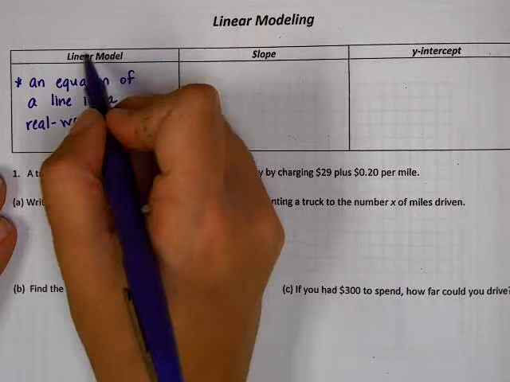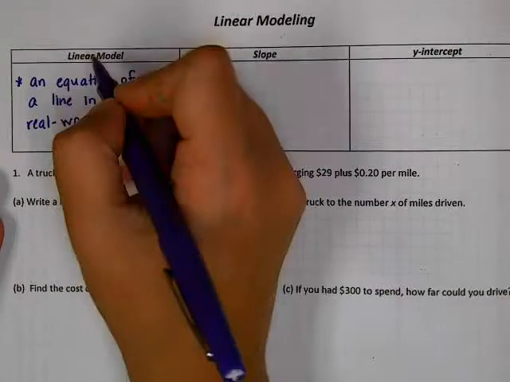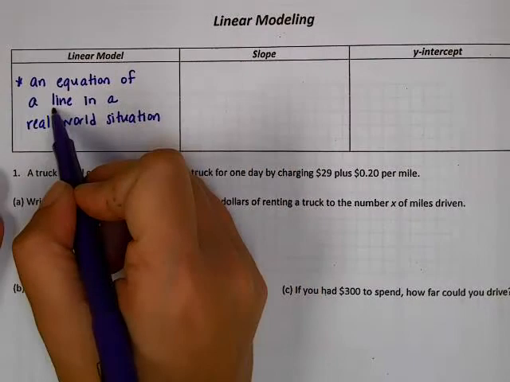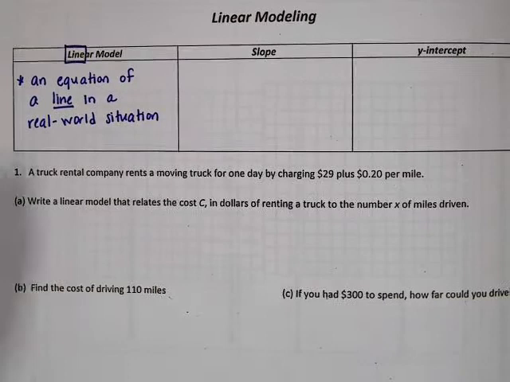So what makes this a linear model instead of just a linear equation is that it's using a real world situation. Now we can remember that linear means line because the word line is actually at the beginning of the word linear.